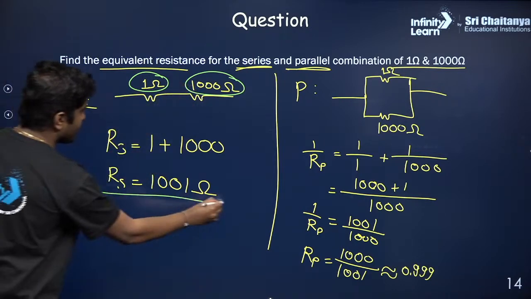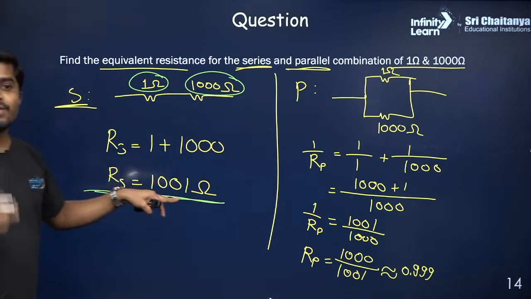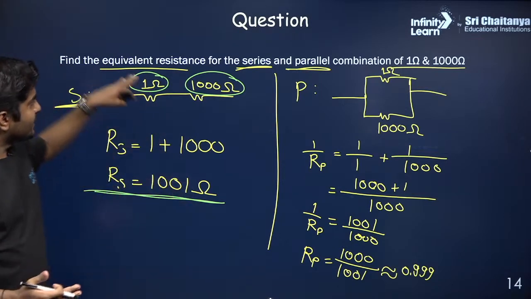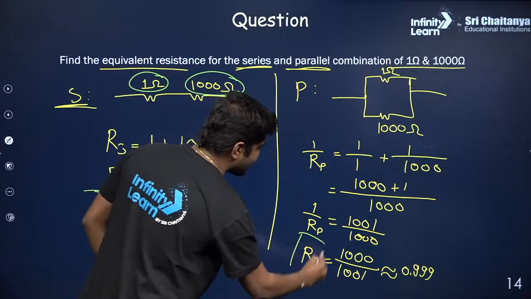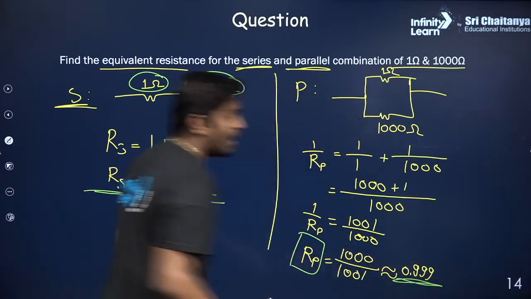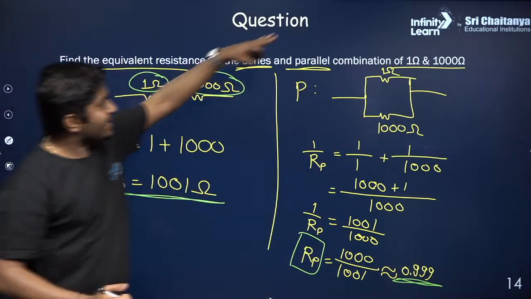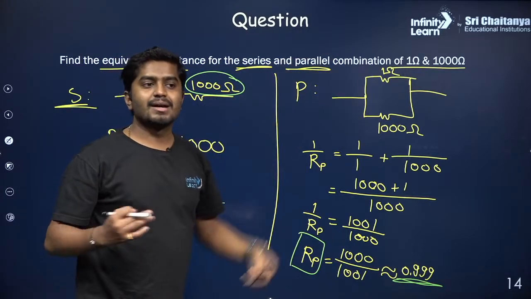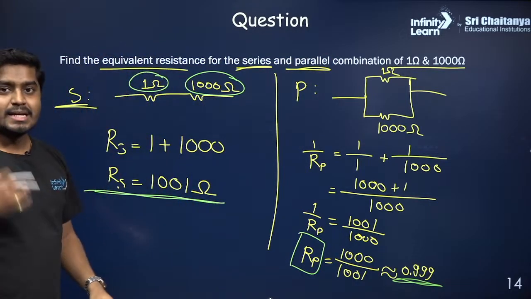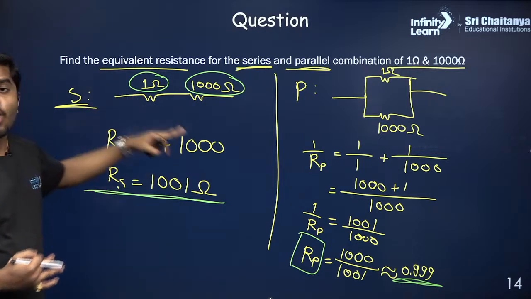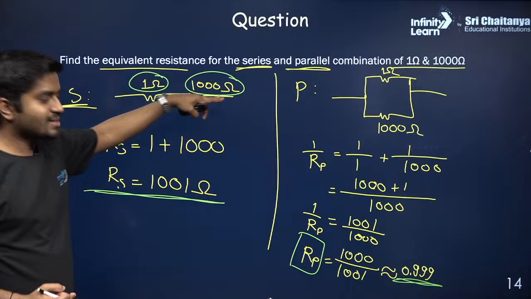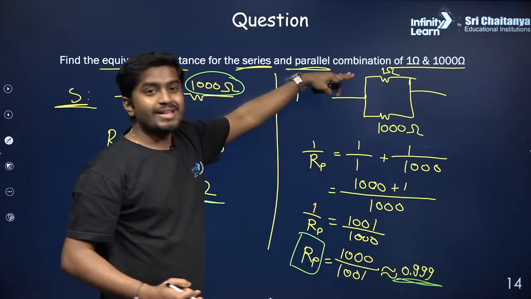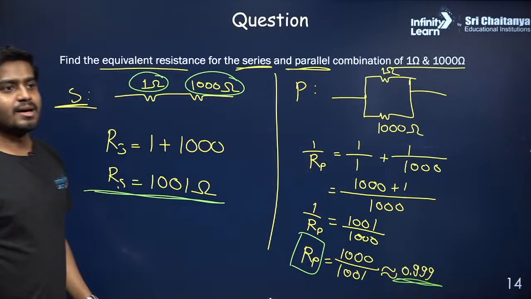And you see here, the series resistance will always be greater than the individual resistances, and the parallel resistance, which is this one, will always be less than all the individual resistances. Just remember this will always be true. Series always greater than the individual resistances, parallel always less than the individual resistances.